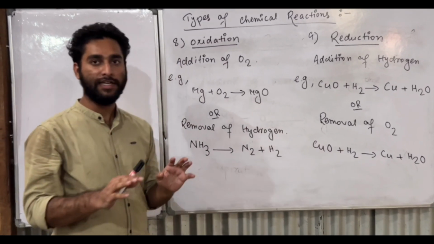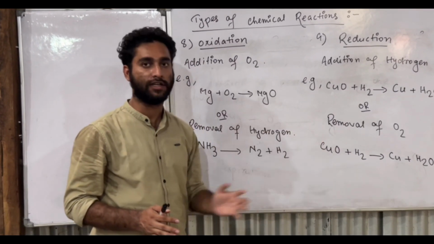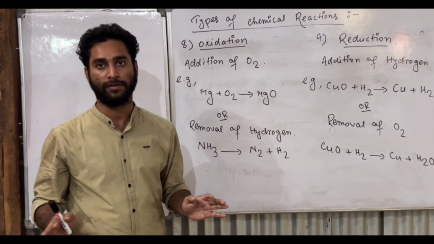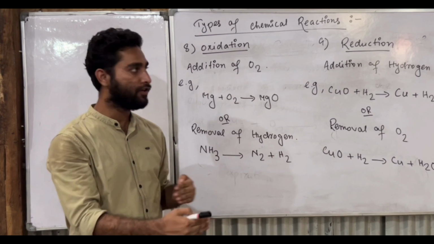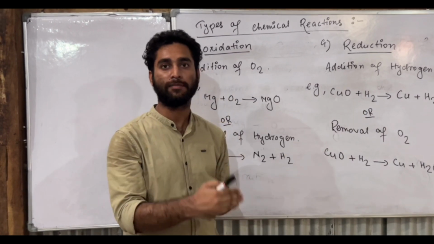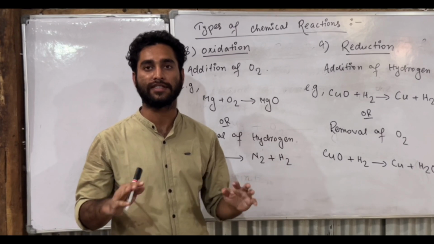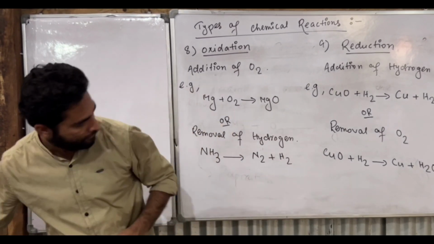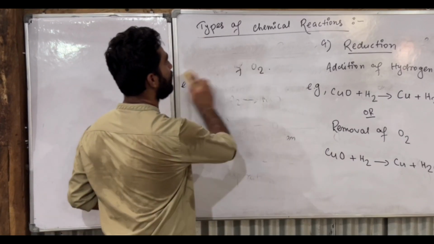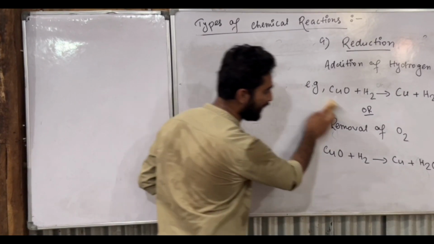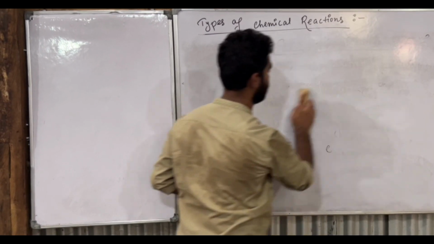Now in nature, whatever reaction takes place, oxidation or reduction cannot take place alone. Oxidation also does not take place alone. Reduction also does not take place alone. Both oxidation and reduction processes take place simultaneously. And whenever they take place simultaneously, these kinds of reactions are called redox reactions.